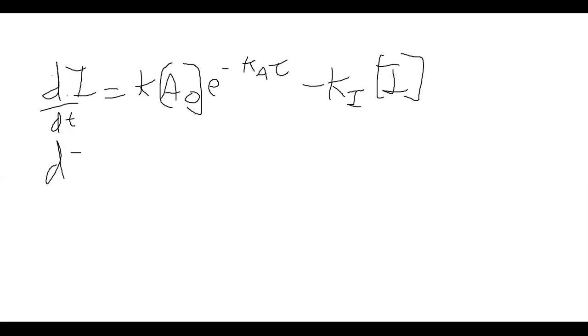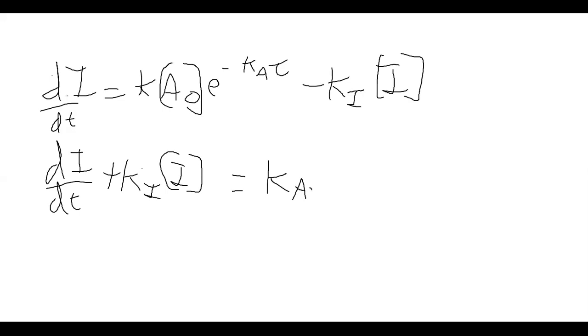So I get dI/dt plus Ki times the concentration I equals Ka A0 e^(-Ka t).